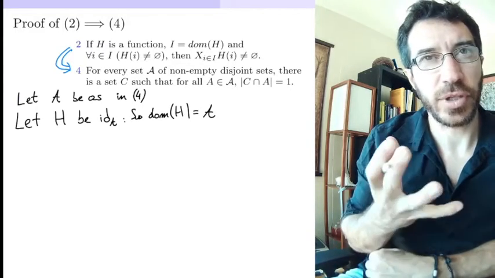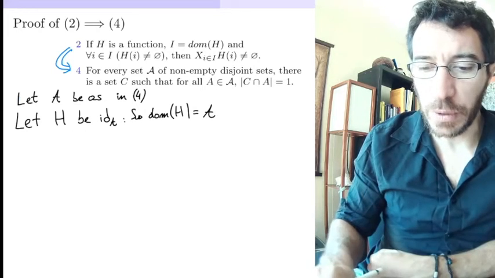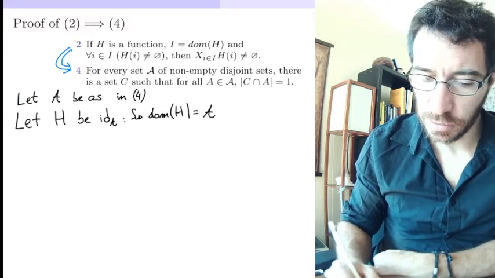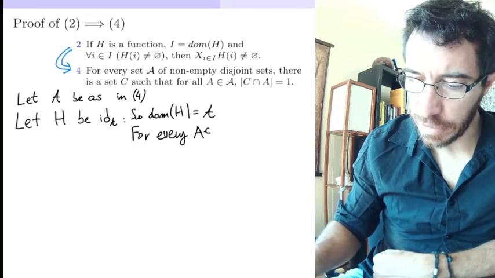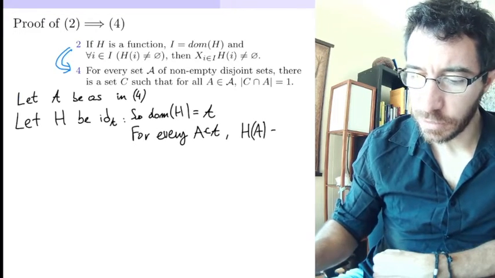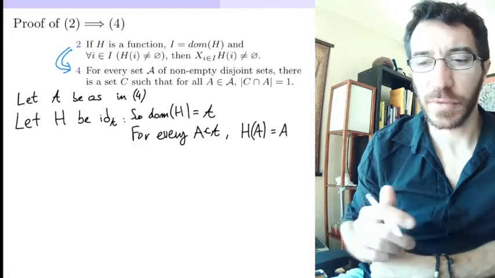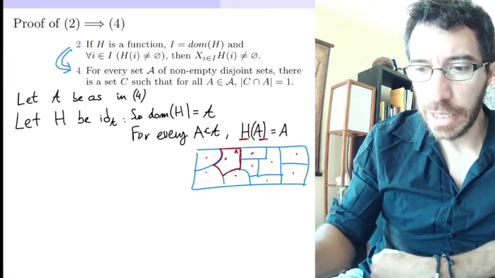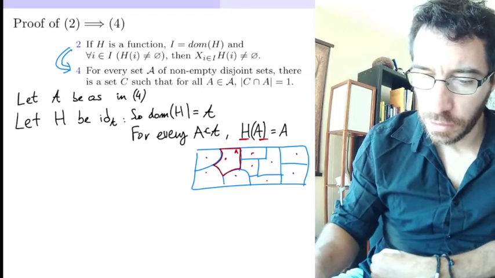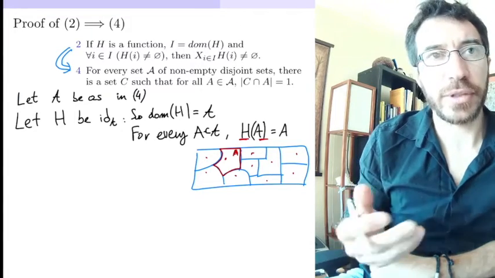That's the identity of A. So that's the domain. Those are our indices, and for every A in A, h of A is just A, which is a set. Okay, so if you input, for instance, this red set A right here, h is going to output the red set A.